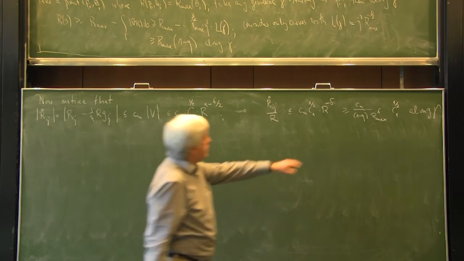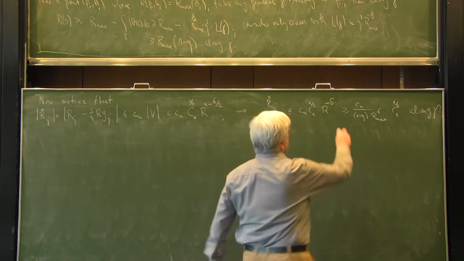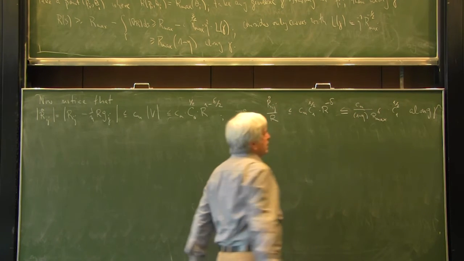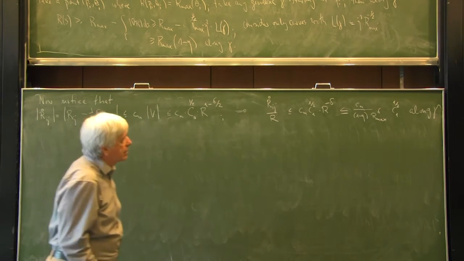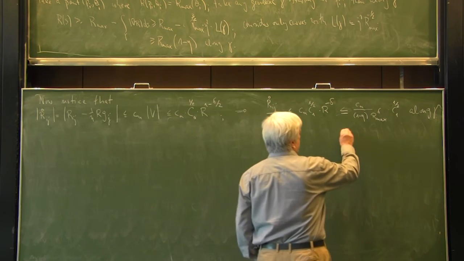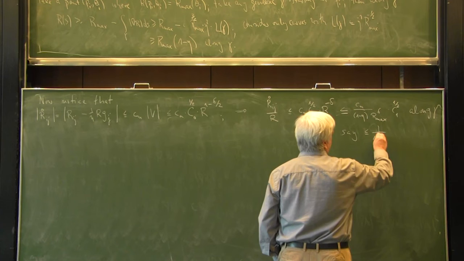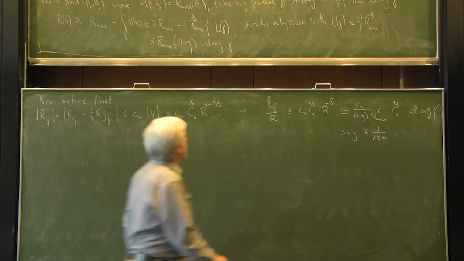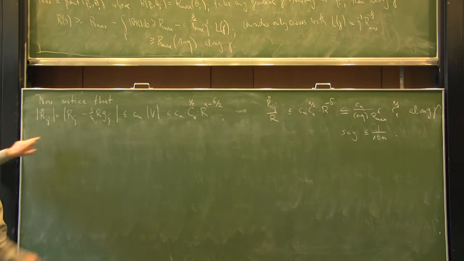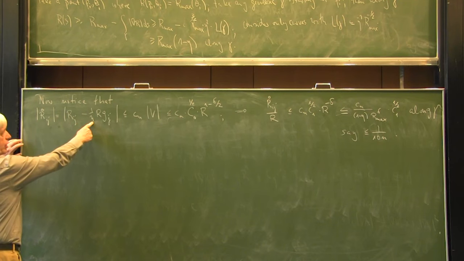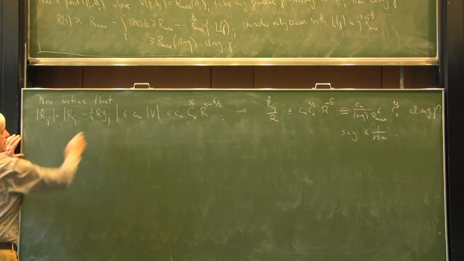And this we can make, sorry, not larger, less or equal. So this one we can make arbitrarily small, say less than 1 over 10n. Which means that the Ricci tensor has to be very close to 1 over n times r times Gij.